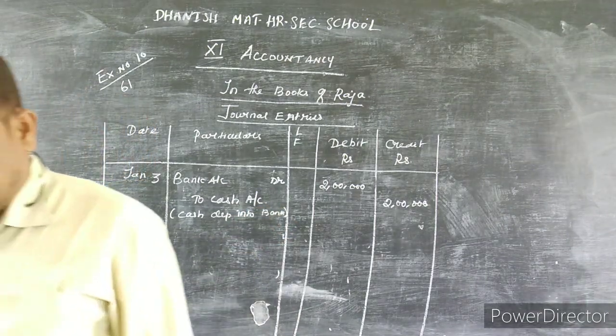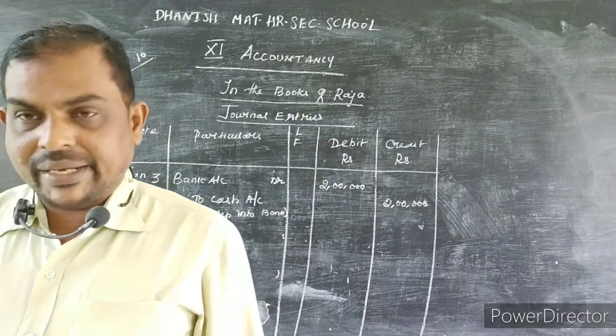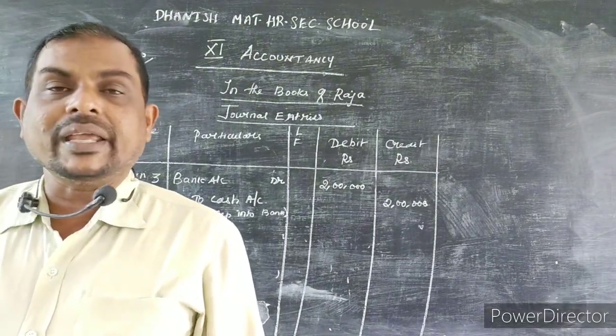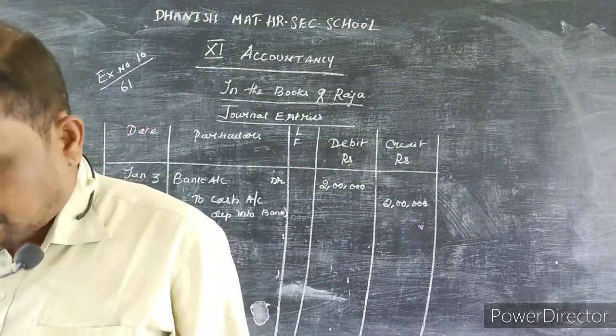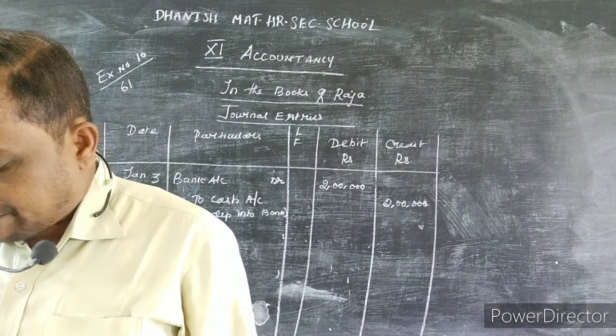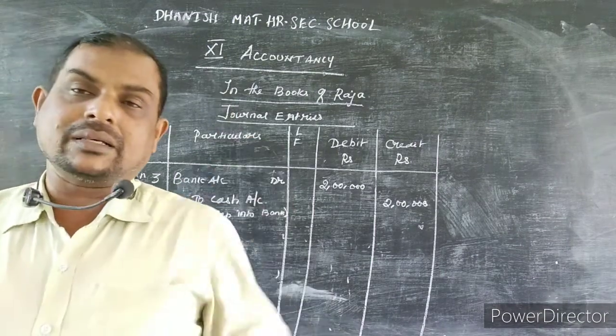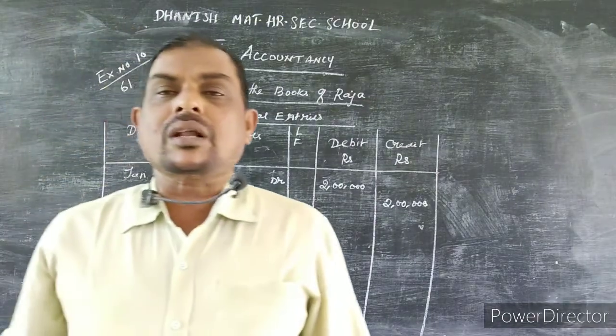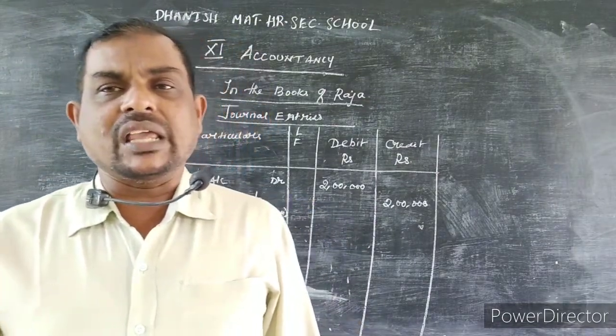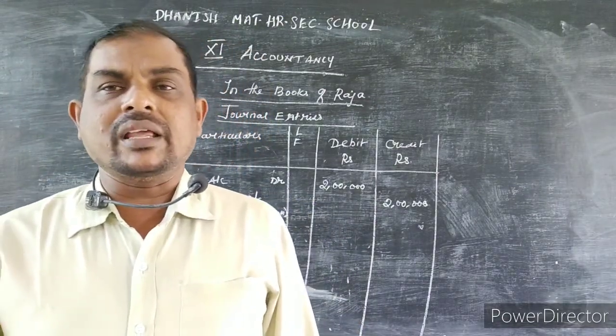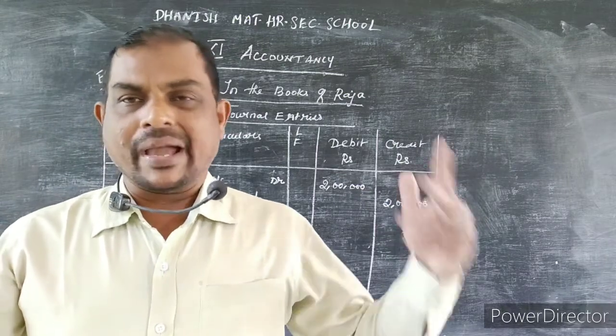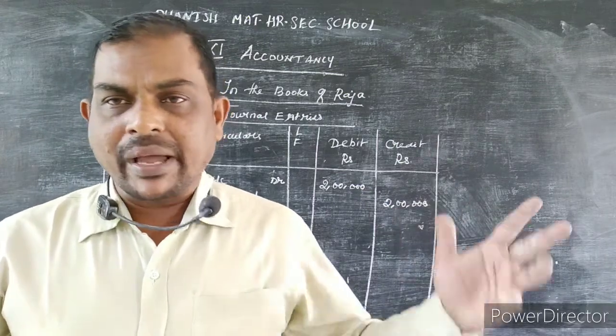What is the fourth entry? Date is 20. Borrowed loan from bank, rupees 1 lakh. So Mr. Raju, who runs the hotel, needs some money. For that he is borrowing a loan from one bank, and we don't know which bank.